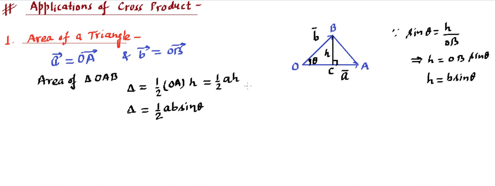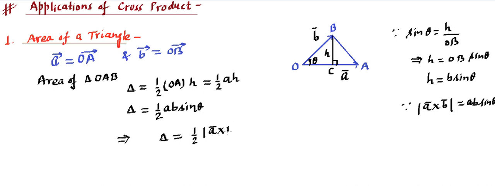Now we also know that the magnitude of the cross product of A and B is AB sine theta. So from here we get the formula that the triangle's area is equal to half times the magnitude of A vector cross B vector.